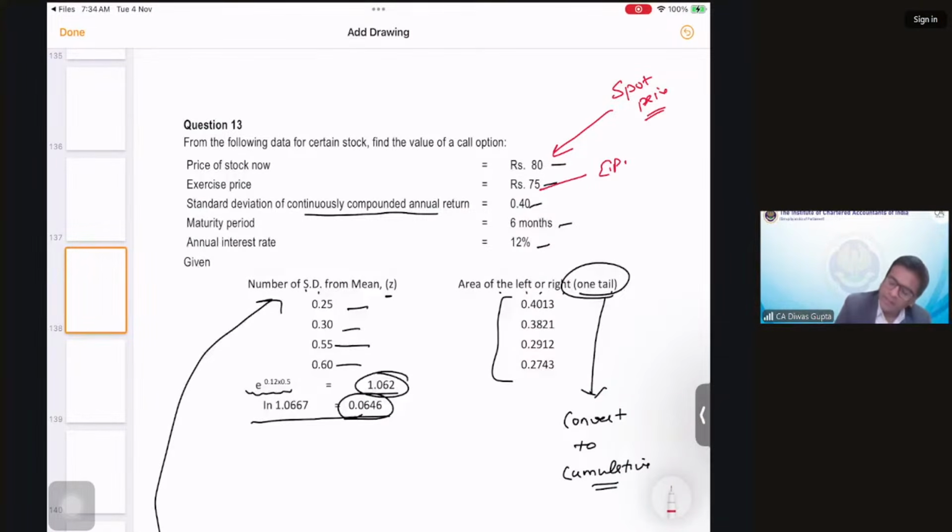0.4 is the standard deviation of the continuously compounded annual return. Please do remember this is for the continuously compounded annual return rate. Maturity period is 6 months. Annual rate of interest is 12%. Given number of SD from mean, which is the Z score, students, right?